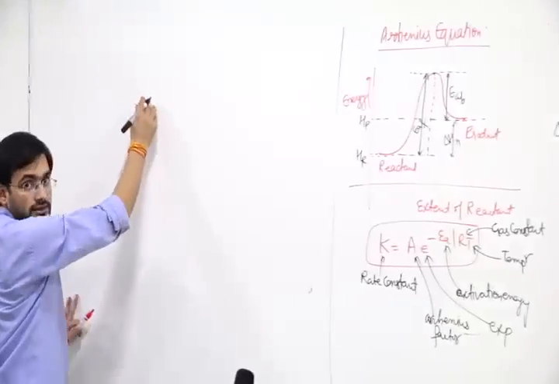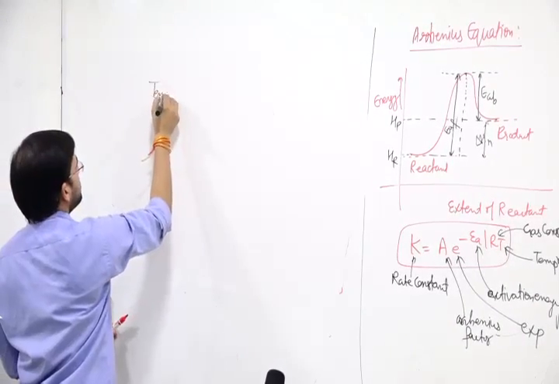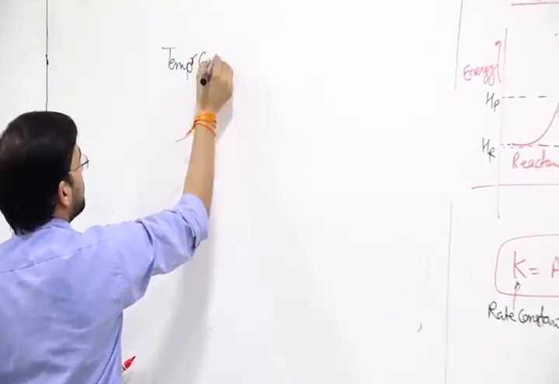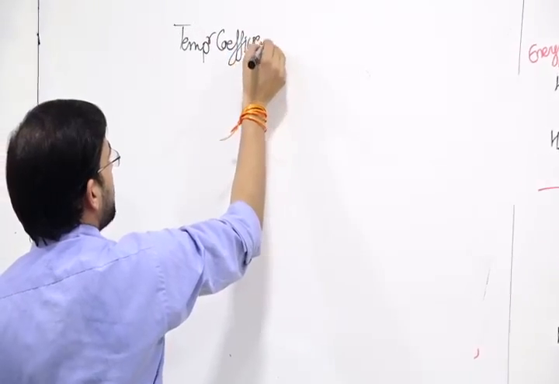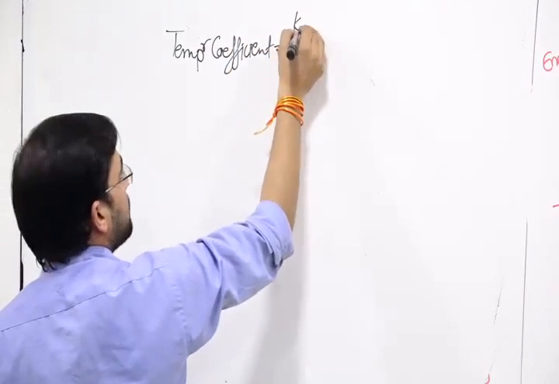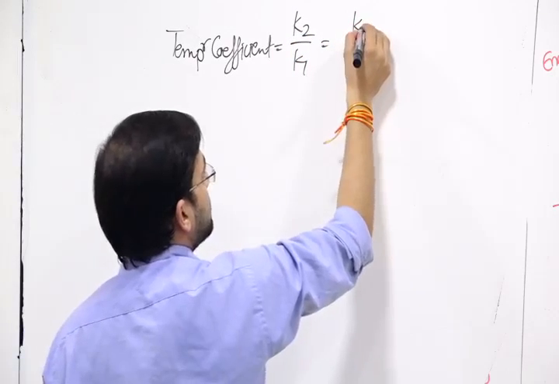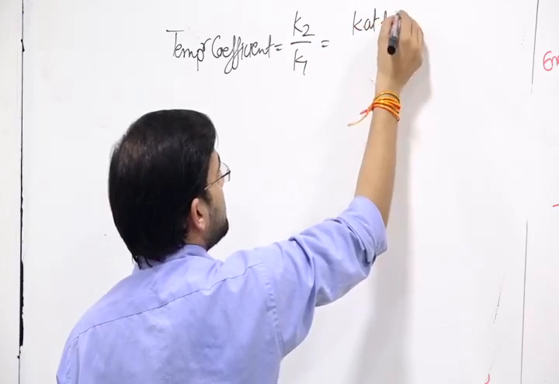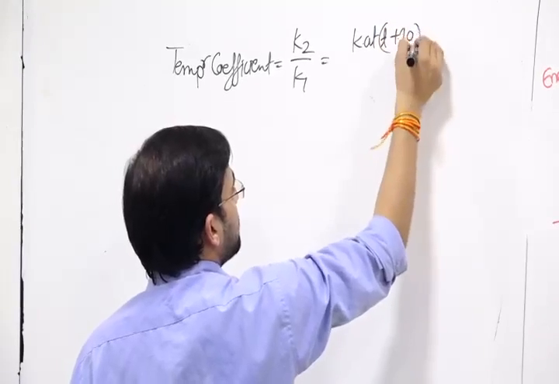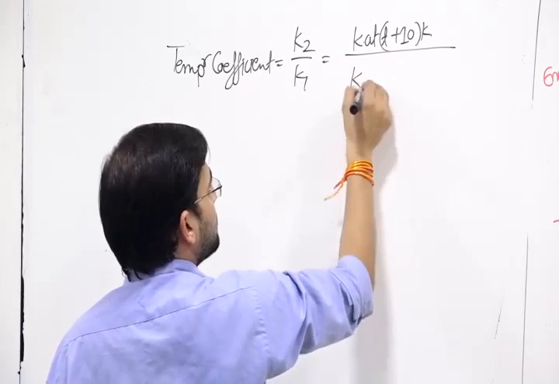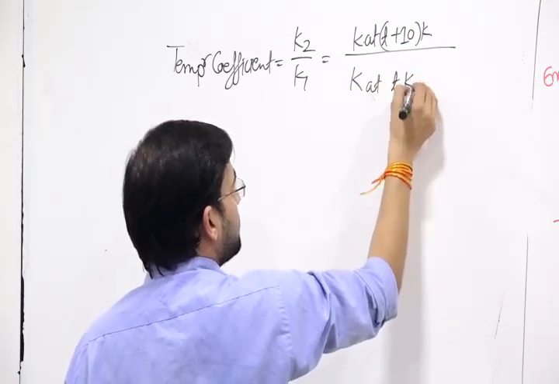Next is known as the temperature coefficient. It is denoted as K2 by K1, which means K at T plus 10 Kelvin over K at T Kelvin.